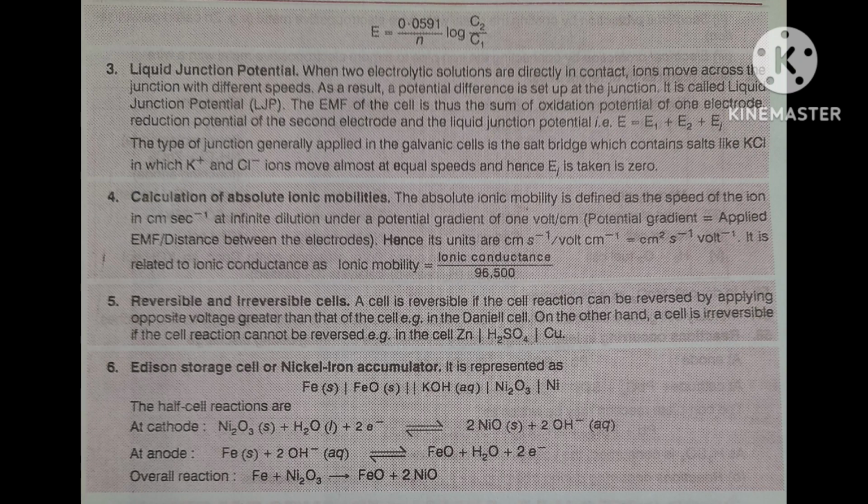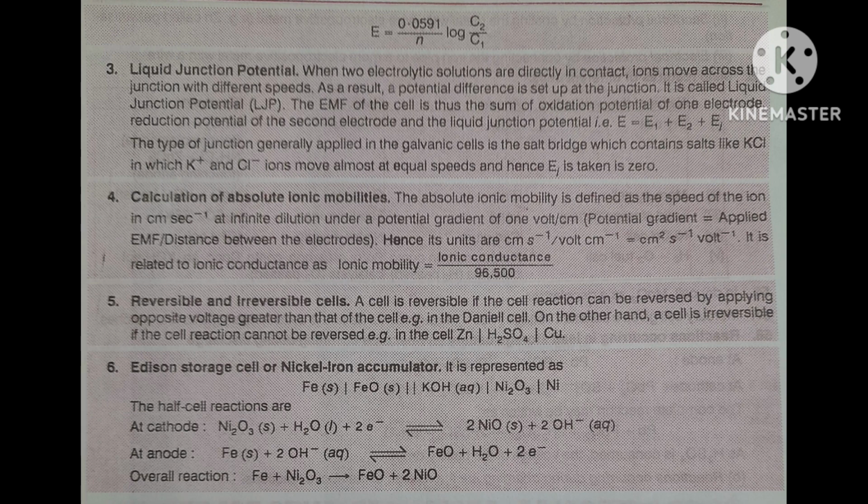Hence, what are the units of absolute ionic mobilities? The units are centimeter per second divided by volt per centimeter.